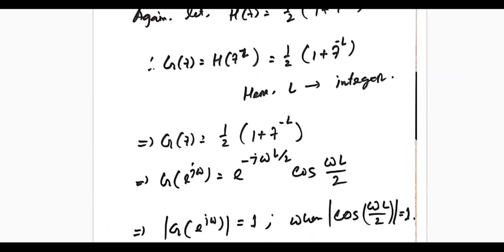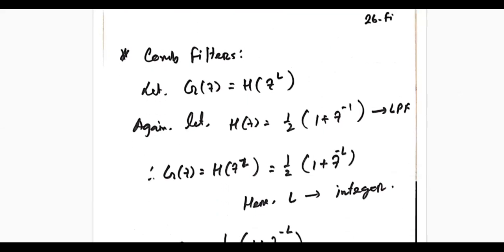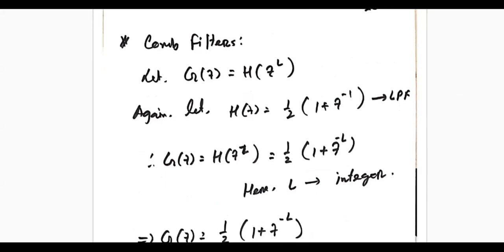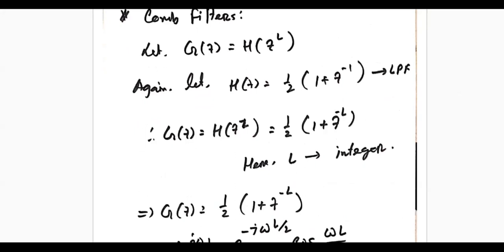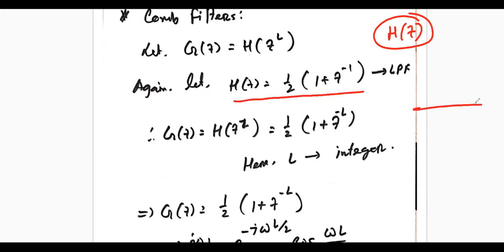Now, from the mathematical perspective, how could we design a comb filter effectively? According to the design, we have a filter H(z), which we have already designed as a low pass filter. How does the low pass filter look? Of course, it looks like this. Now we want to make a comb filter based on this low pass filter.